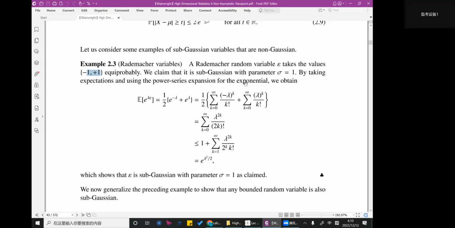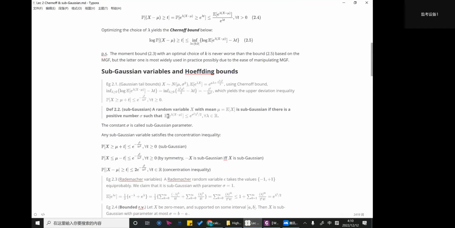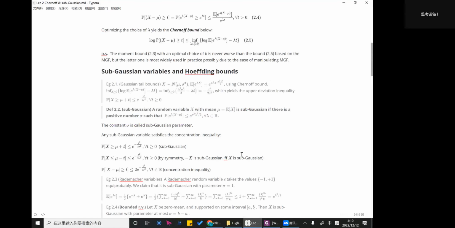So this random variable is sub-Gaussian because we can write this equation like this. So we need to verify this definition. Since the mean value of this Rademacher variable is 0, we write it like this.